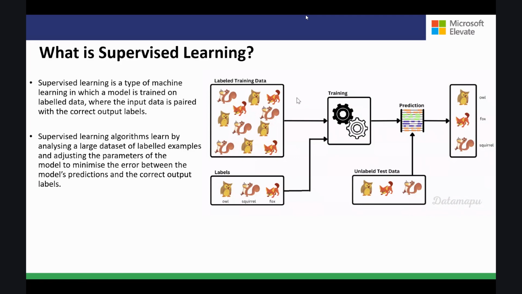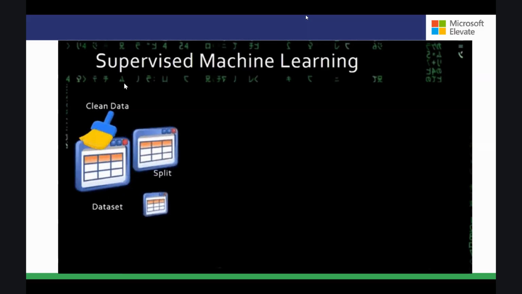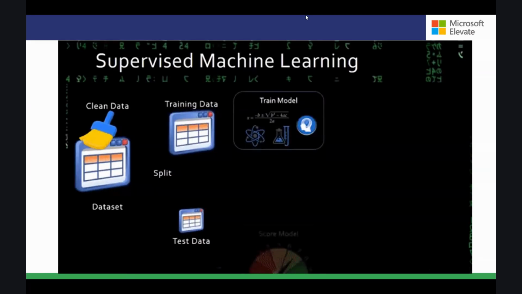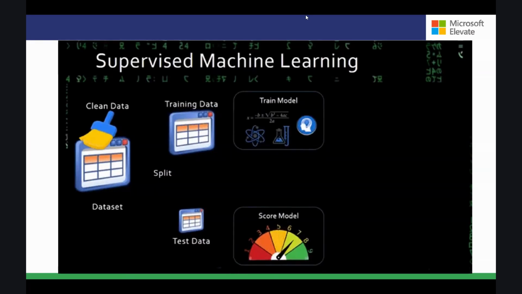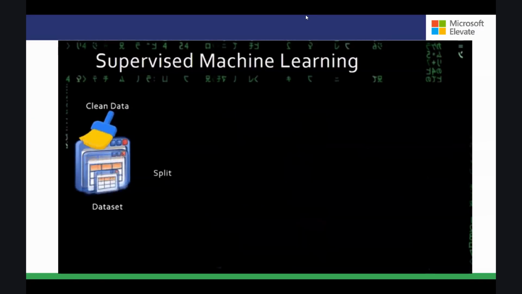Sure. So this was the basic example of supervised learning. Now how does it work? First we get the clean data set. Then we split it into training data and test data. With the help of training data, we train the model. Then we score the trained model, and then we evaluate it.